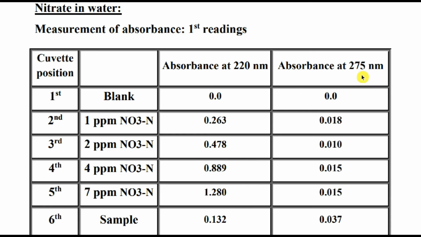At 275 nanometer, blank has 0, 1 ppm gives 0.018, 2 ppm gives 0.014, 4 ppm gives 0.015, 7 ppm gives 0.015 and sample gives 0.037. This is our first reading.